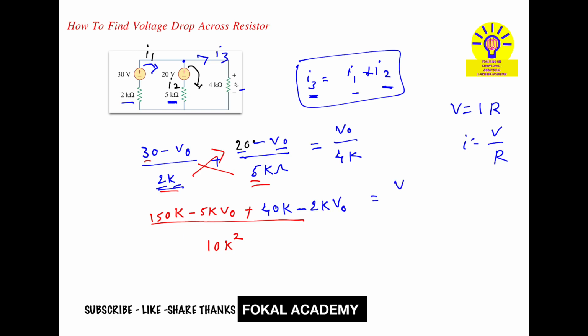That's equal to V0 by 4k. So here 1k cancels; bring k common in the numerator, so here also k will cancel.